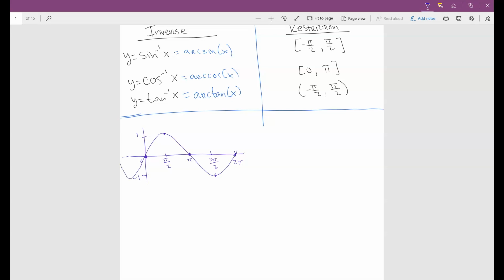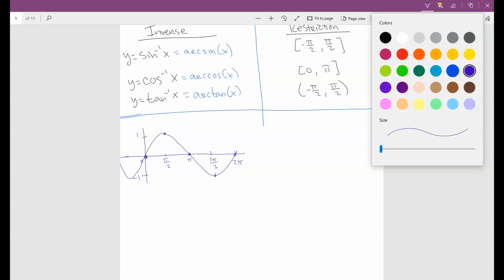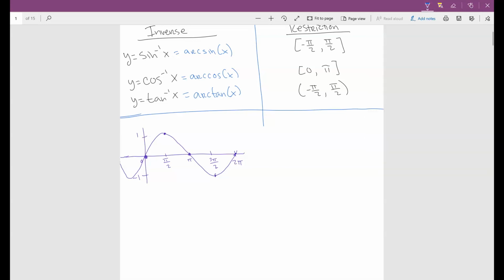Now the thing is, if you look at the horizontal line test, you can see that this is not going to pass the horizontal line test. So this is not one-to-one. What we've got to do is kind of what we did with the parabola, which is restrict the domain. One of the things that we did is restrict this from -pi/2 to pi/2.